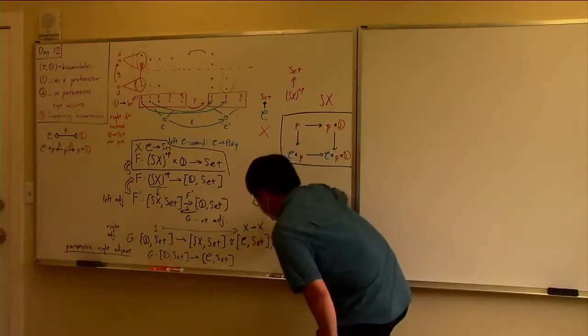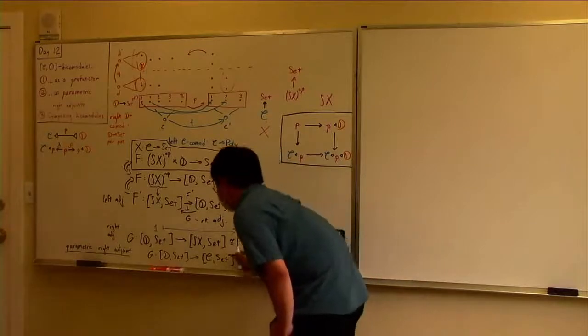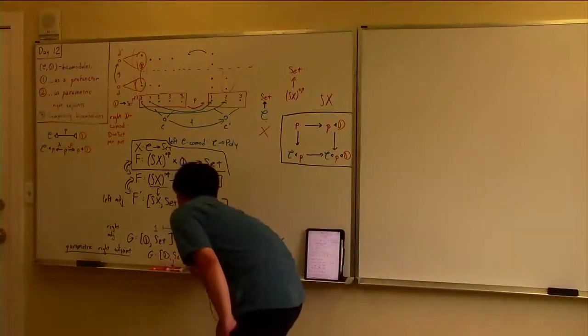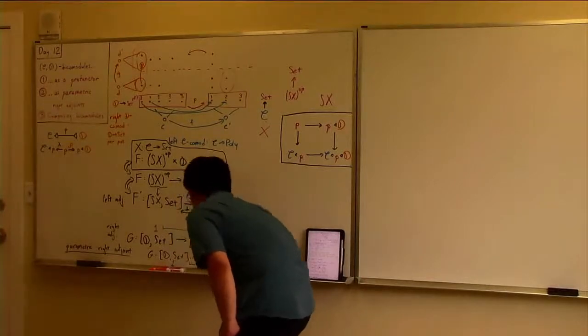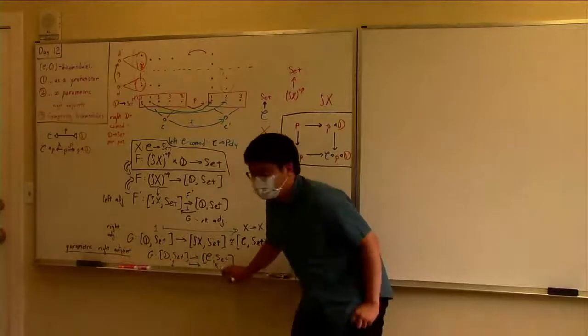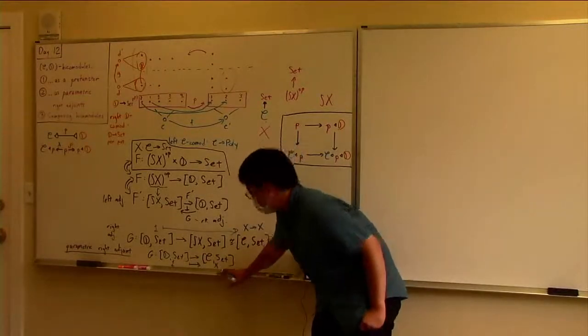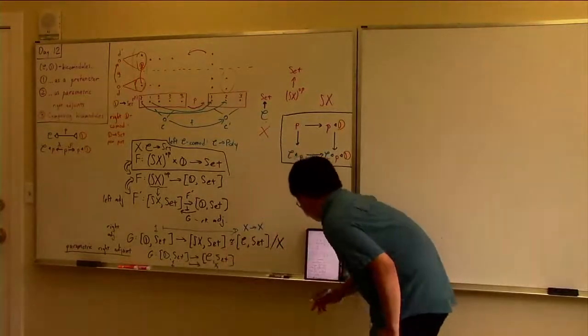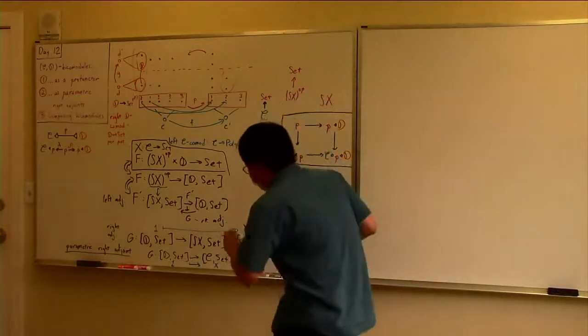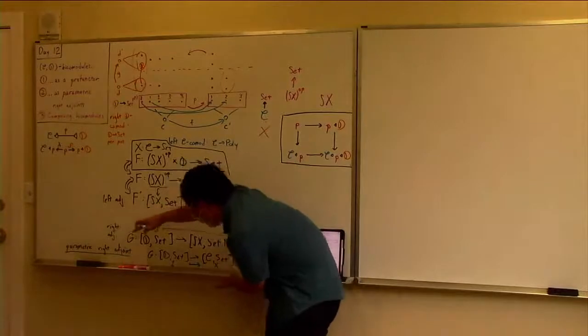That's the terminal object here. And so this functor here, if we forget about this, is just going to send 1 over to X. So you can see already, if X is not also 1, this isn't itself a right adjoint because it's not preserving our terminal objects. But it is a parametric right adjoint in the sense that it's like a right adjoint parameterized on this X.